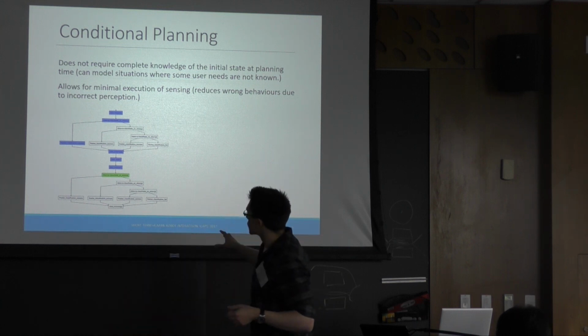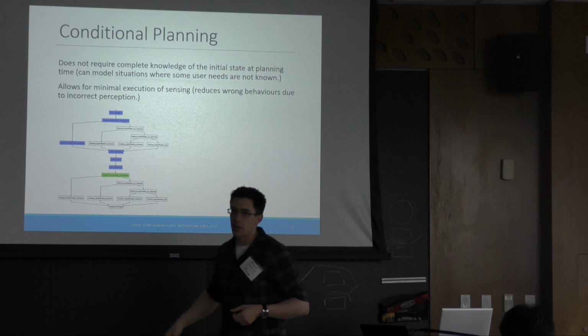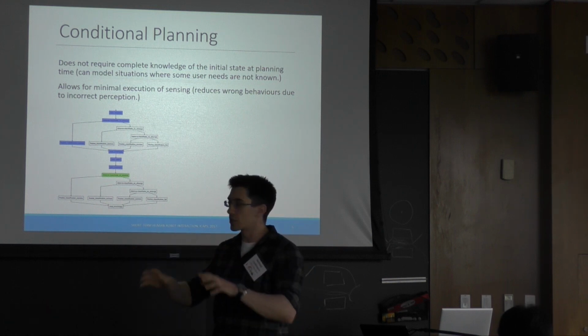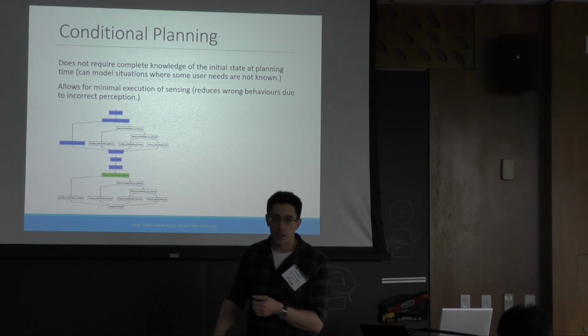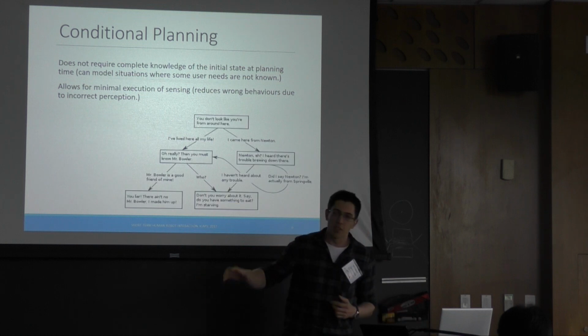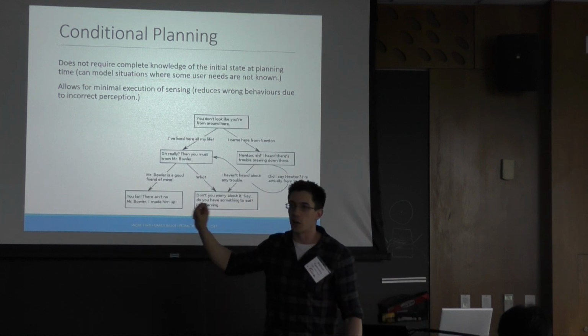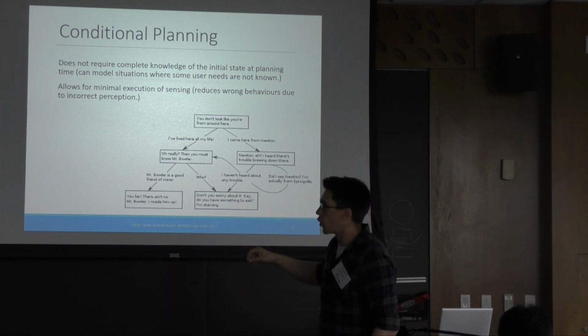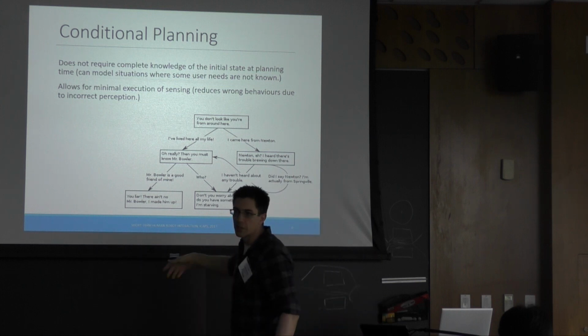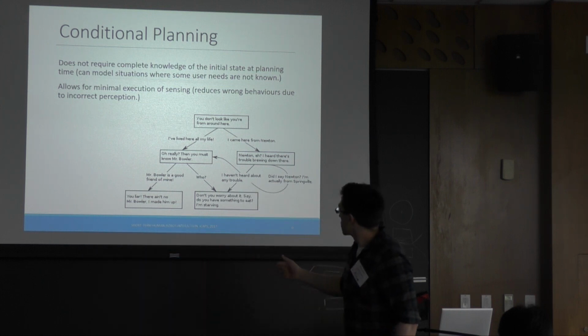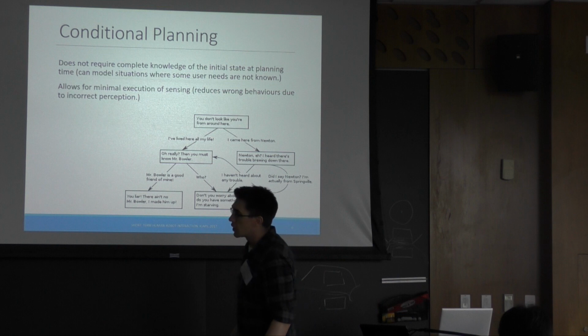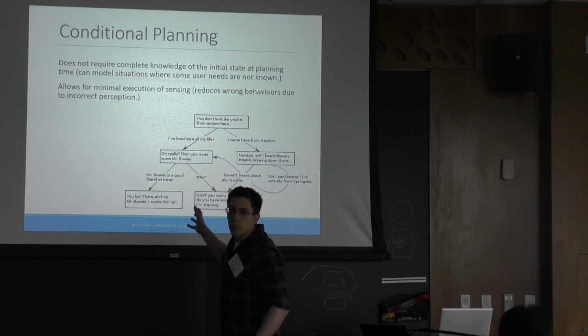So we're using conditional plans which generate either DAGs or trees like this, which you can see is a really nice analog for the kind of dialogue trees that non-planning people have been writing for video games and similar things many times. So this is what we want our plans to look like.